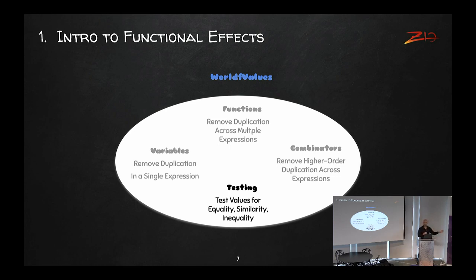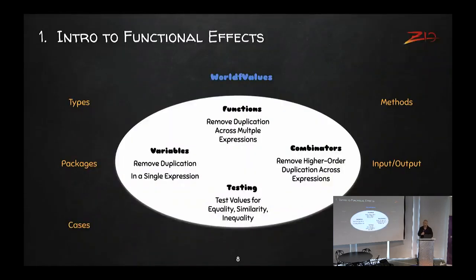Give a developer a chunk of code that produces and manipulates values, and they know how to deal with that. Unfortunately, in the world of programming, there are lots of things that aren't values. There are types, which are not values. They have their own syntax, they have their own rules. You can't treat them as values except in dependently typed programming languages, which are not production grade. There are packages, which again are not first-class values.